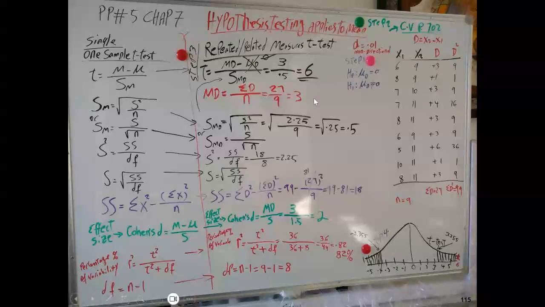Step 4 is make a decision. As you can see, that 6 is positive, so we're going to land right there, deep in the shaded area on the right tail of the t distribution, in the rejection zone.